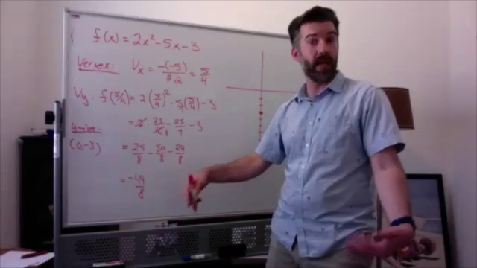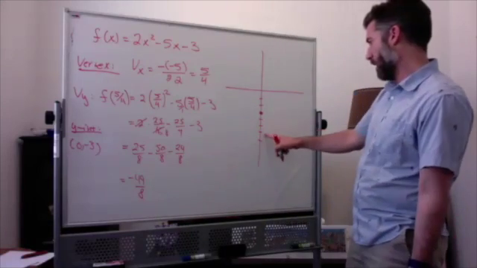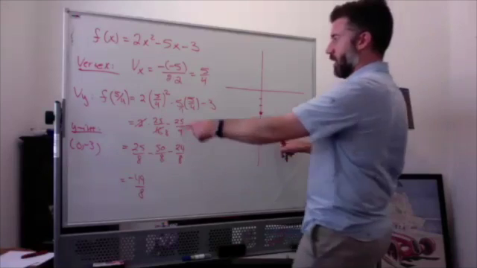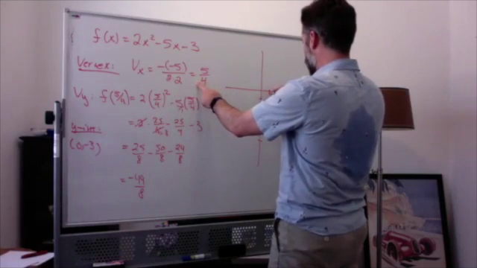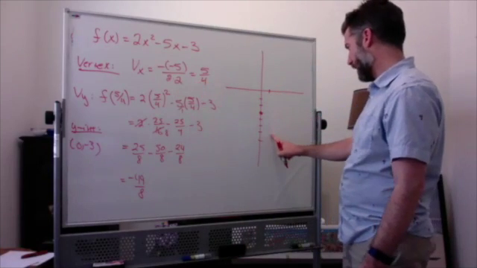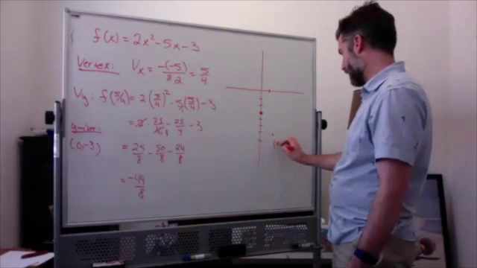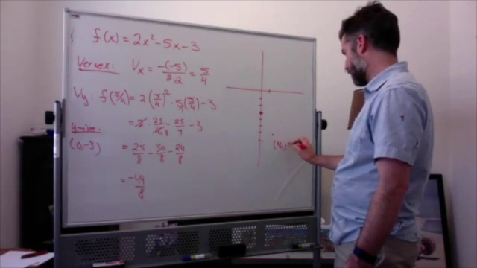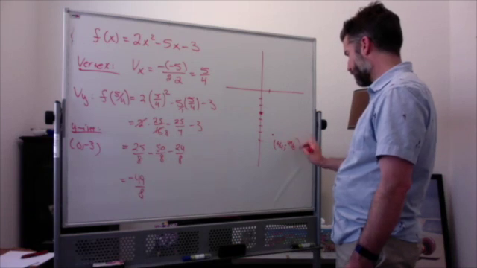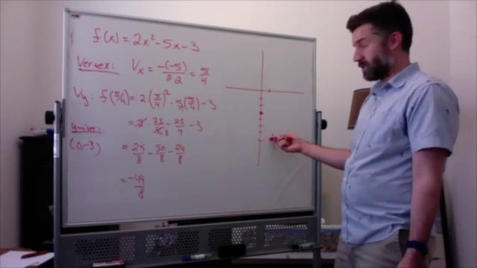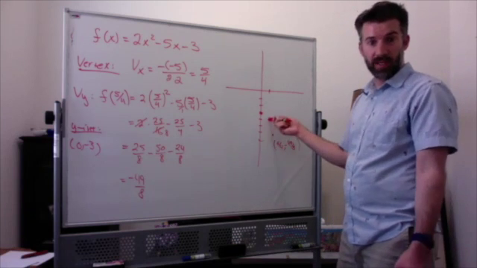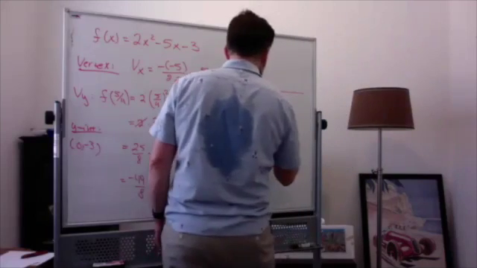It's a little more negative than negative 6. So we're down here-ish. So we're at 5/4, which is a little bit more than 1, and negative 49/8, which is a little bit more negative. So there's my 5/4, negative 49/8. This is clearly the bottom, since there's a point above it, so it's going to open upwards.